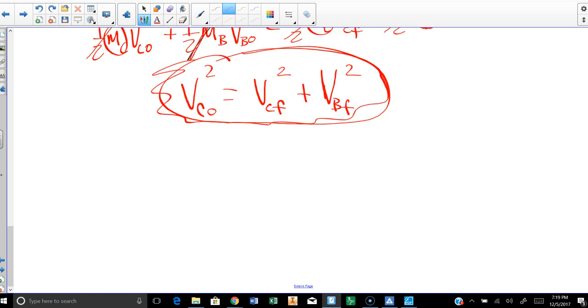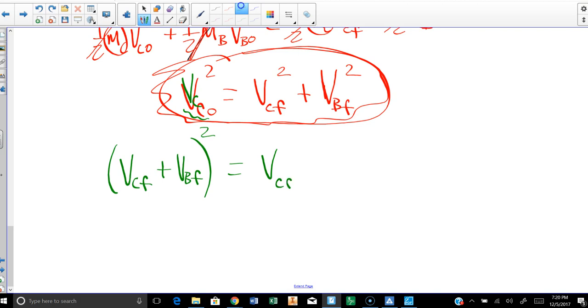Let's replace this. So instead of VCO squared, we're going to write VC final plus VB final, squared, equals VC final squared plus VB final squared.